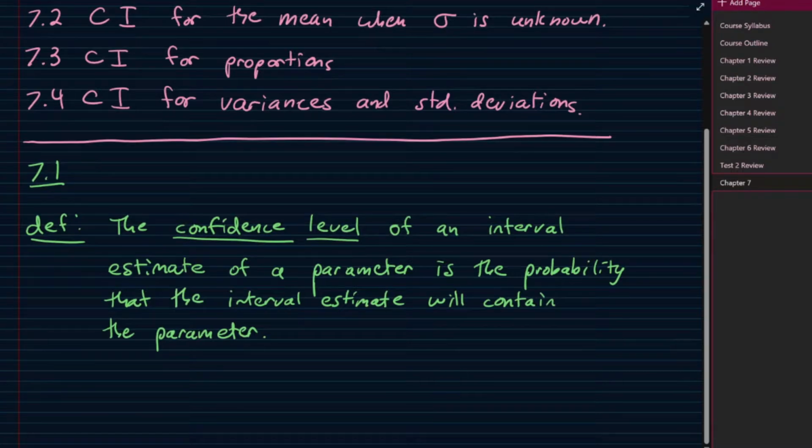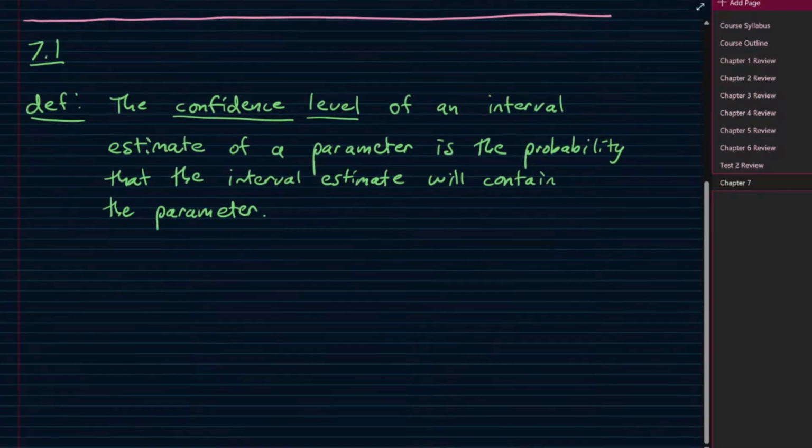Okay, so when we're talking about the confidence level of something, we're going to be a certain percentage confident of that thing. We'll be 90% confident that the parameter is between these two bounds, 95% confident that it'll be in there, 99% confident that it'll be in there, something like that.